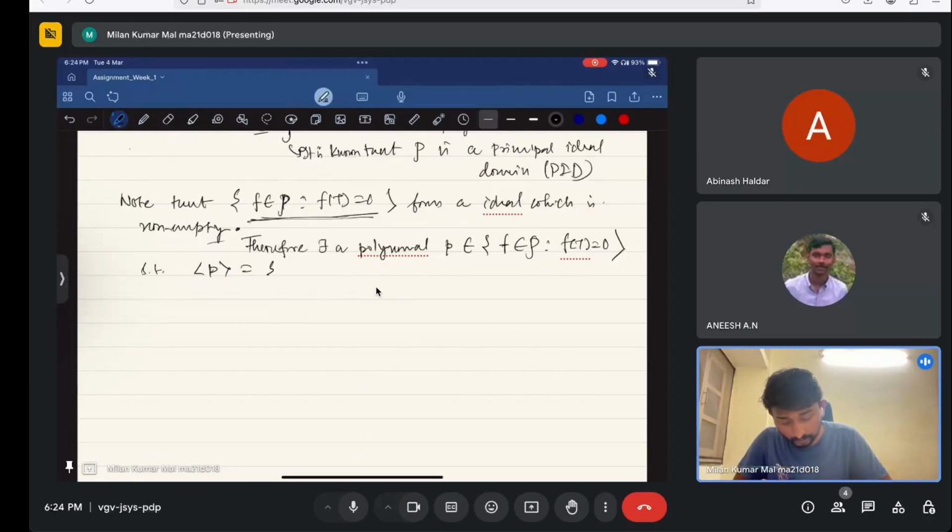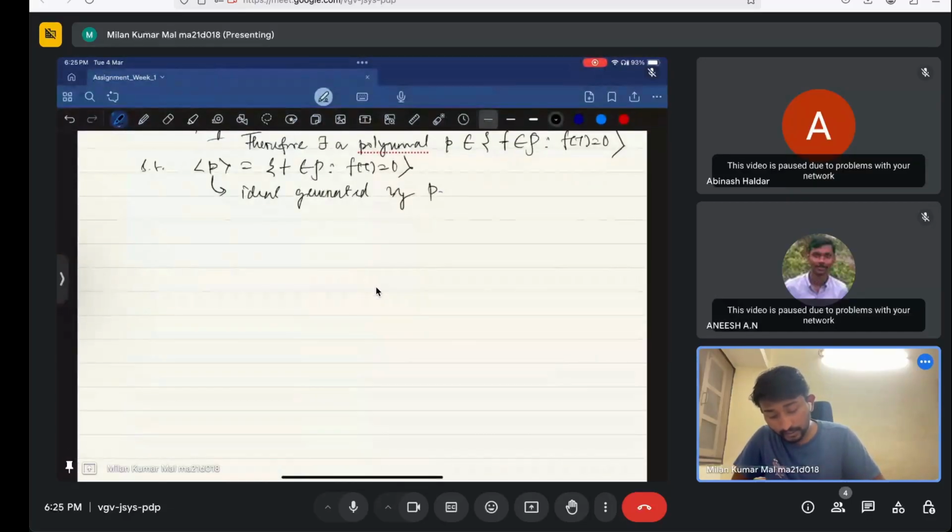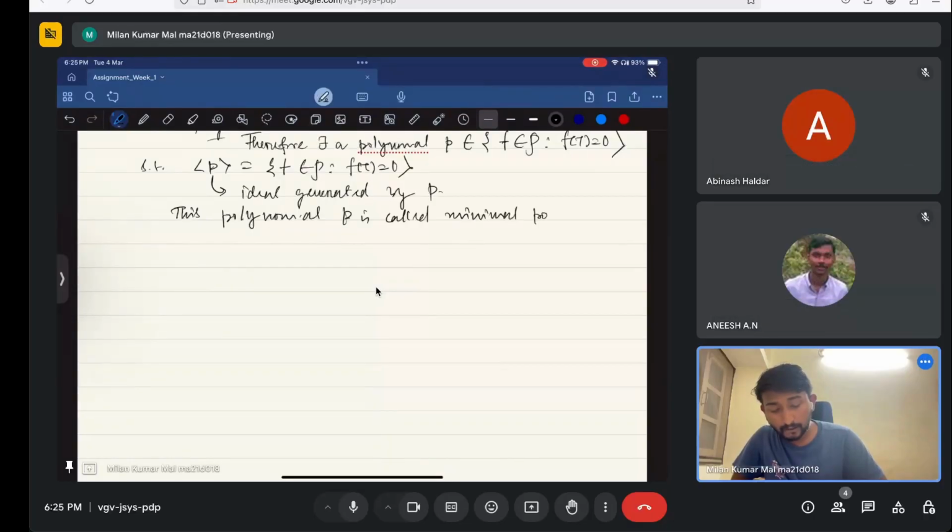So this will be equal to the set of f in the polynomials such that f(T) equals 0, and this is called the ideal generated by P. This polynomial P is called the minimal polynomial of T, where T is a linear operator on a finite dimensional vector space V.